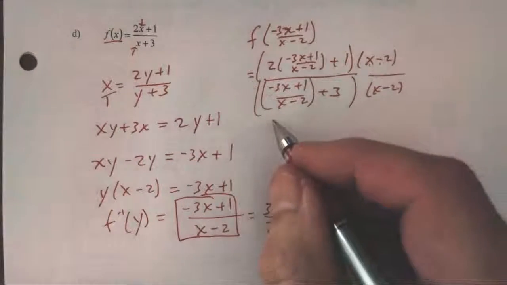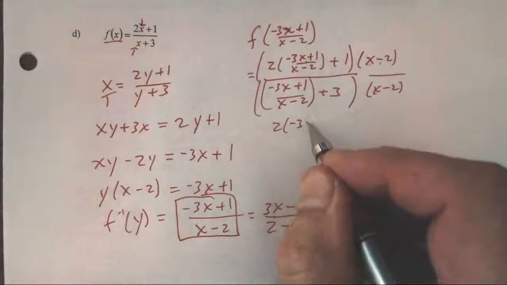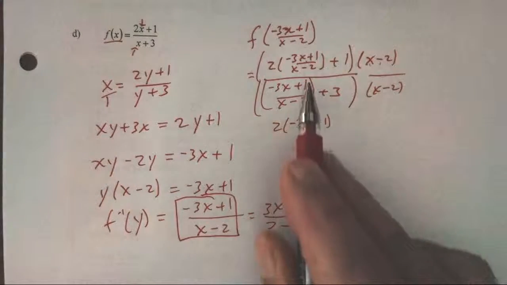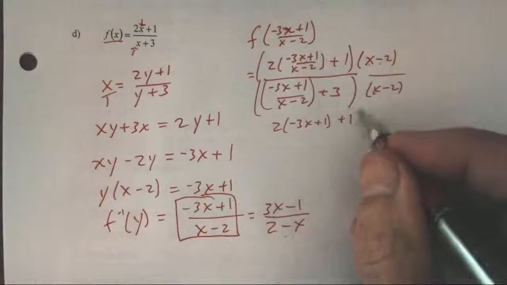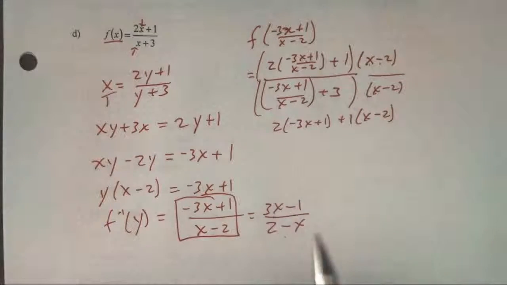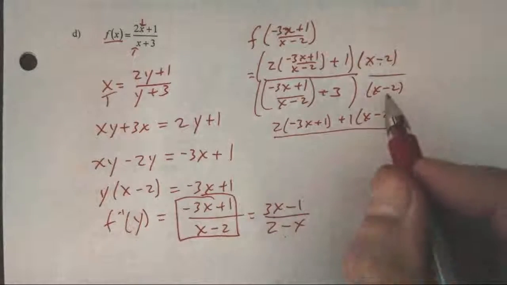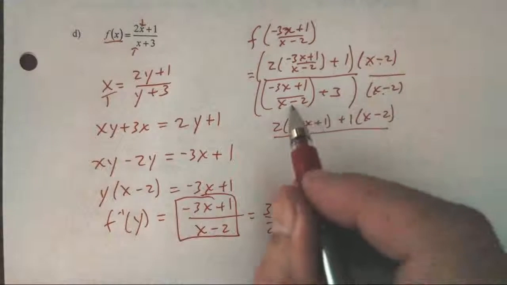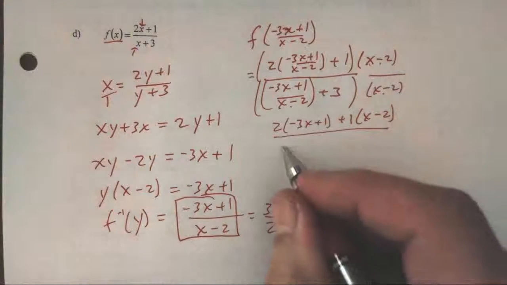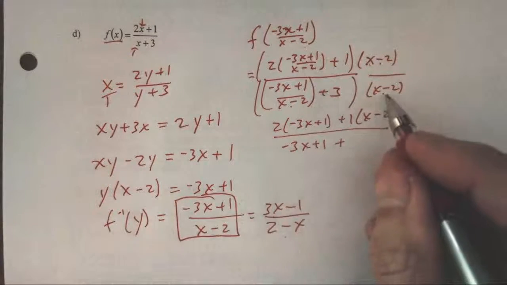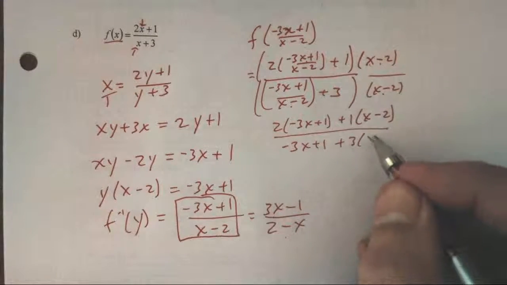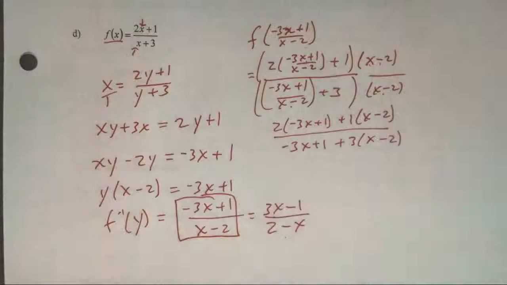The x minus 2's cancel, and I get 2 times negative 3x plus 1. I still have to distribute x minus 2 to the 1. I get plus 1 times x minus 2. In the denominator, x minus 2 to this first term, the x minus 2's cancel, and I get negative 3x plus 1, plus 3 times x minus 2.